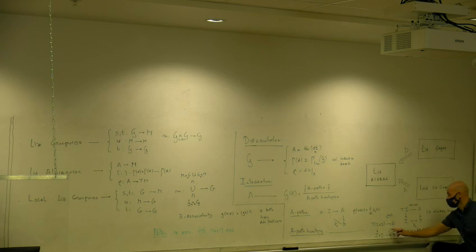The fact that this is a Lie algebroid morphism translates into some differential equations for a and b, which I won't write.